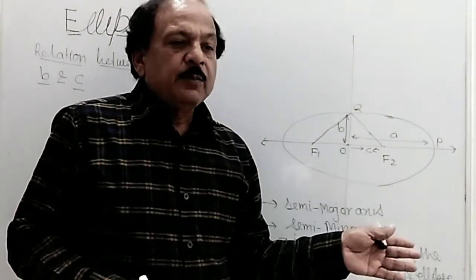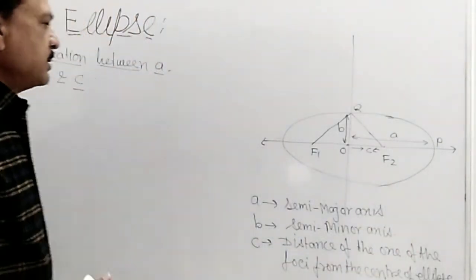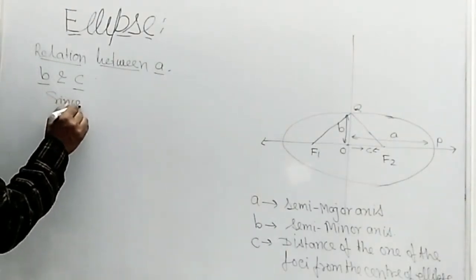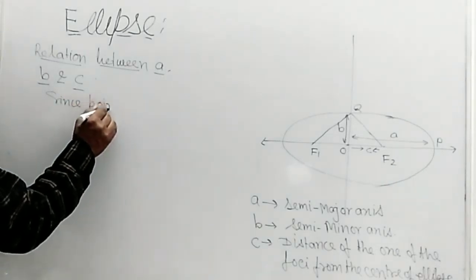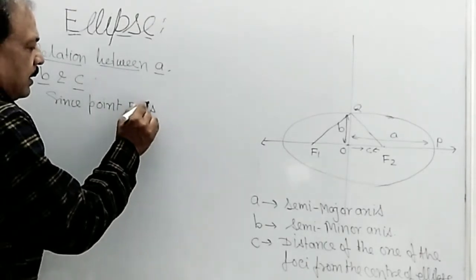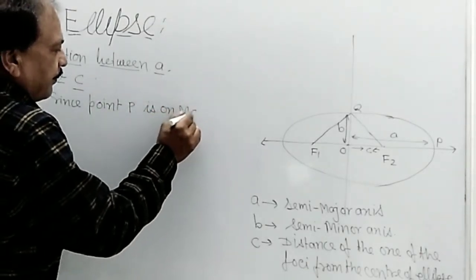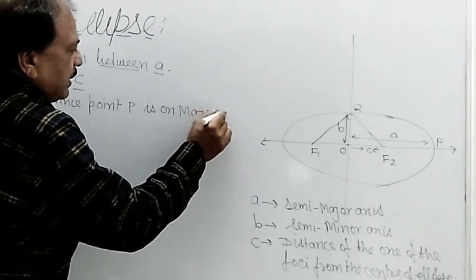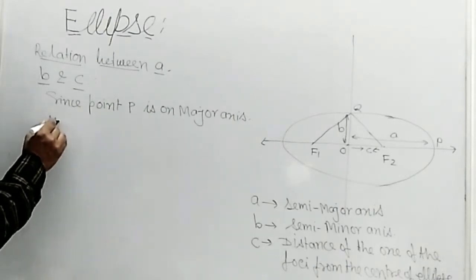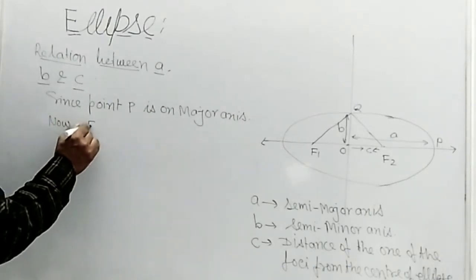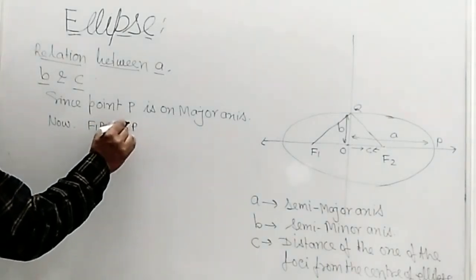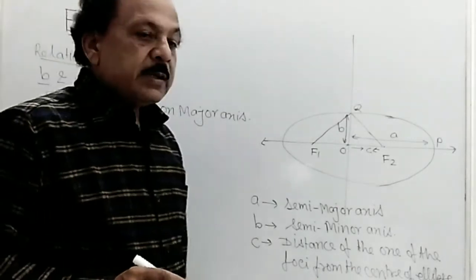It means that point P lies on the major axis, so now F1P plus F2P.